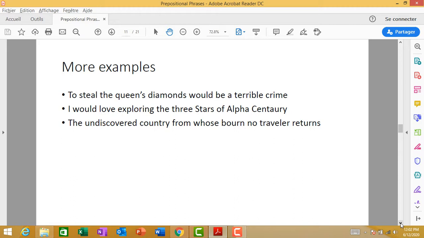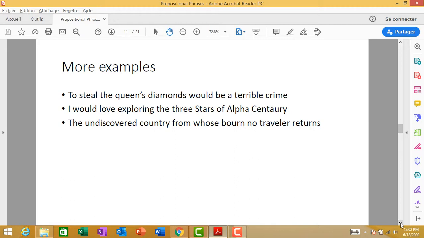It is used here as a noun. This is the crime that you would commit. So instead of saying, here you have to steal, you have the infinitive. When you know the infinitive, it's never conjugated. You never conjugate it. It's not affected by time. To steal means stealing.